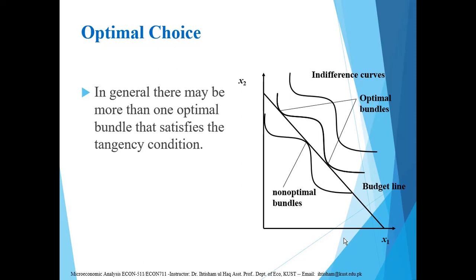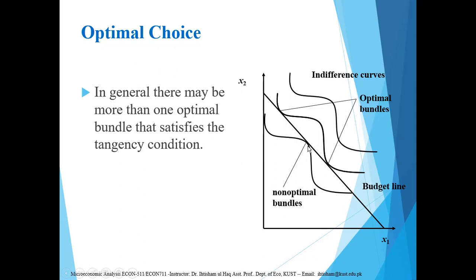On both this point and this, the indifference curve is tangent and convex to the origin, whereas this one is a non-optimal bundle. Why?